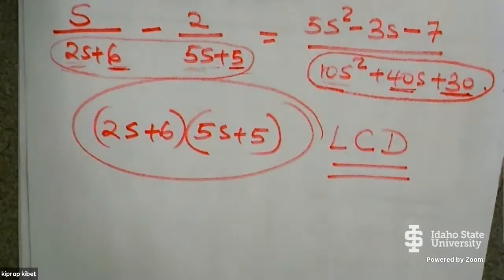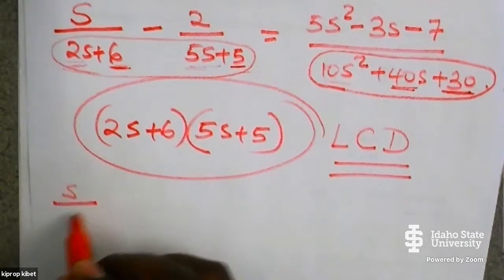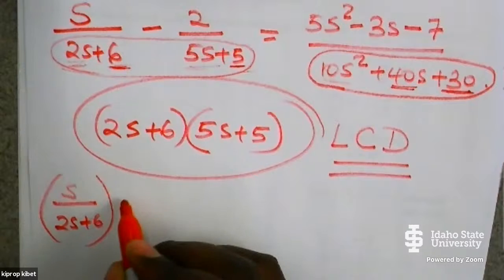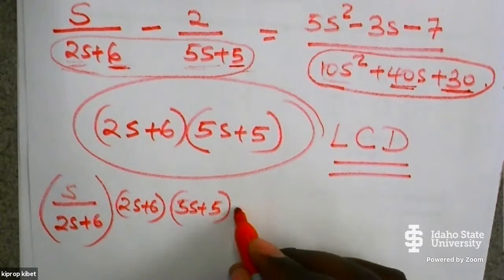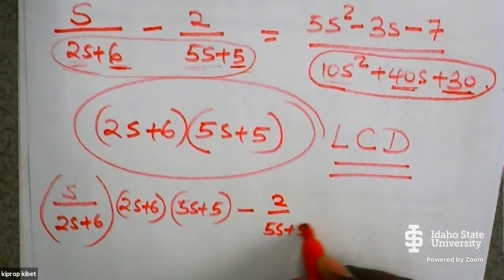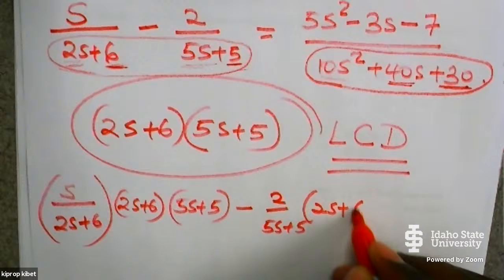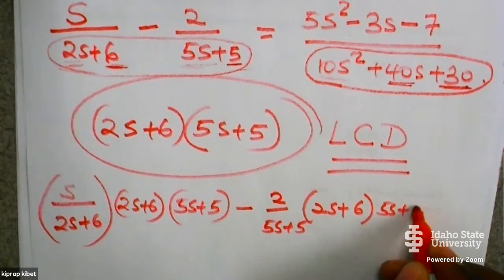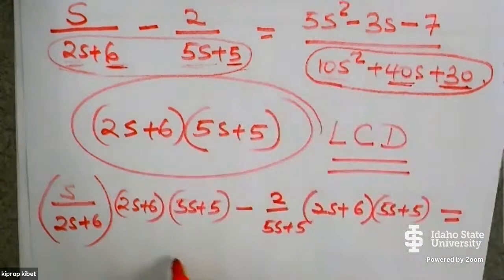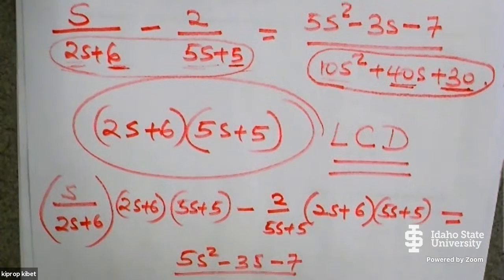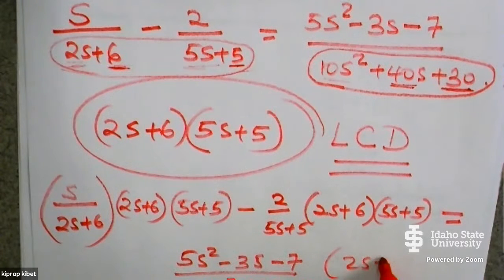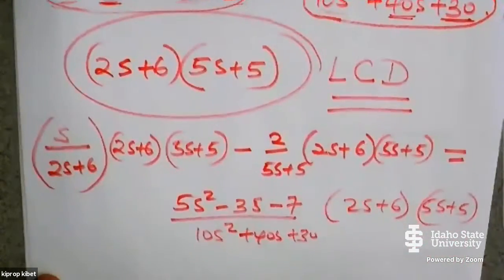So it is s all over 2s plus 6, multiplied by 2s plus 6, 5s plus 5, minus 2 all over 5s plus 5, multiplied by 2s plus 6, 5s plus 5, equals, multiply again that one, 5s squared minus 3s minus 7 all over 10s squared plus 40s plus 30, multiplied by 2s plus 6, 5s plus 5.